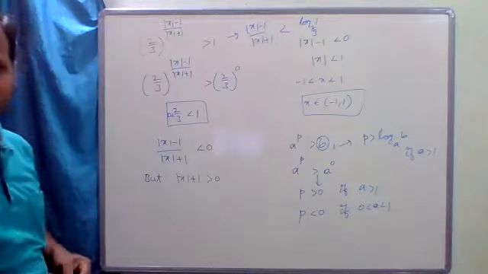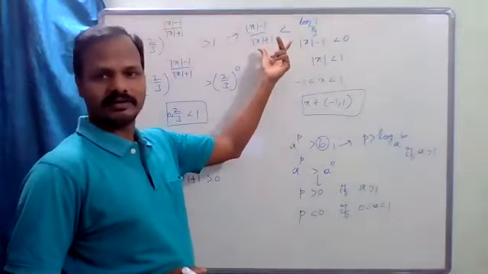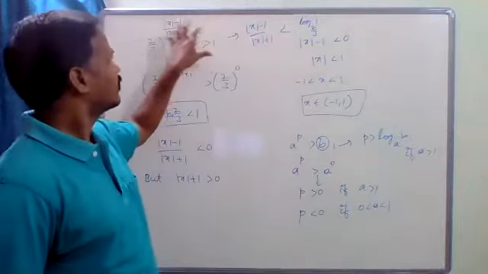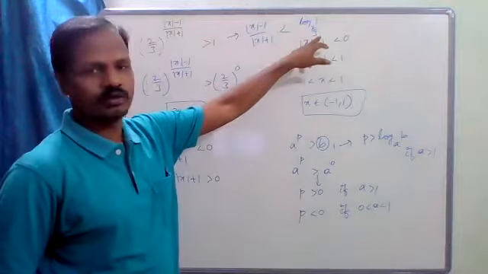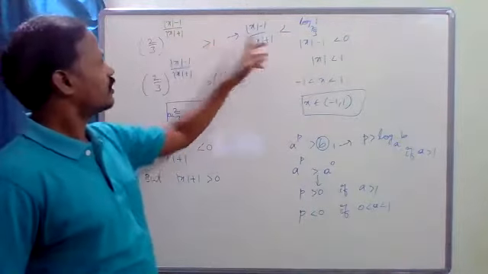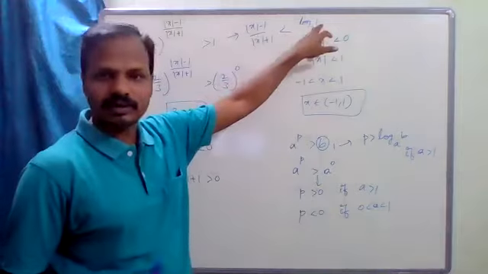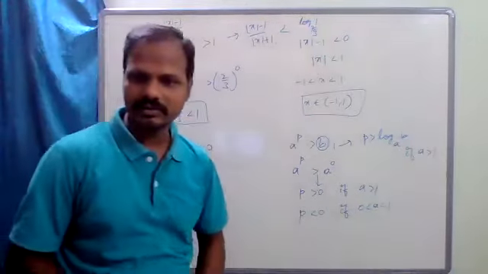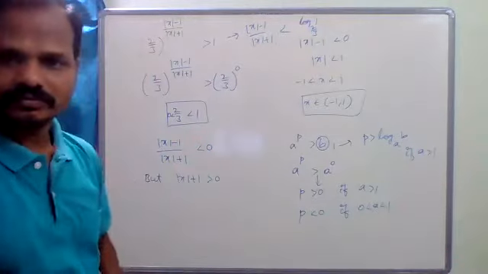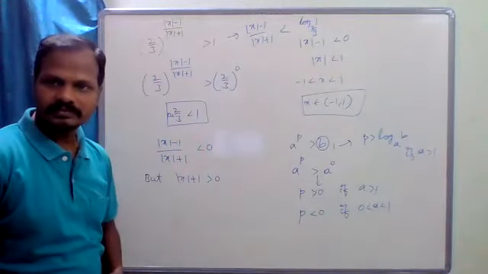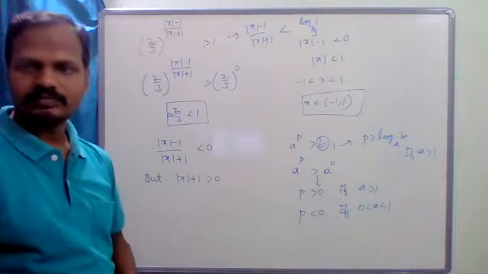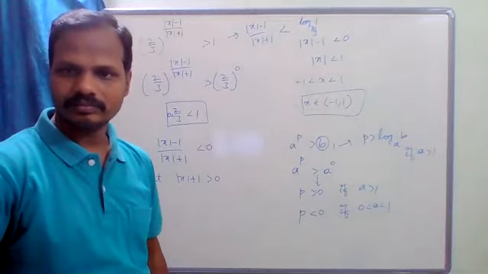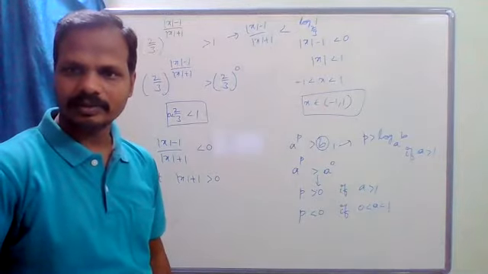This is the original formula for exponential inequalities. But what is log 1? Log 1 is 0. So this is less than 0. Clear, Samta? Is it clear? Okay, fine.